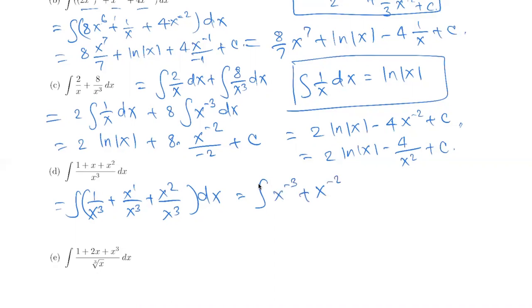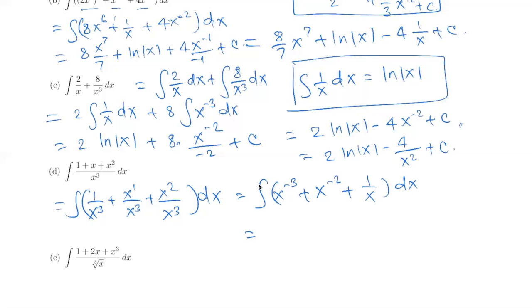In the same way here, cancel 2 copies from top and bottom, and that is x raised to negative 1. But don't write x raised to negative 1, because we cannot apply the power rule. So here I would write 1 over x, because I know antiderivative of 1 over x is natural log of x. So you want to simplify in this way and finish the problem in the next line now.